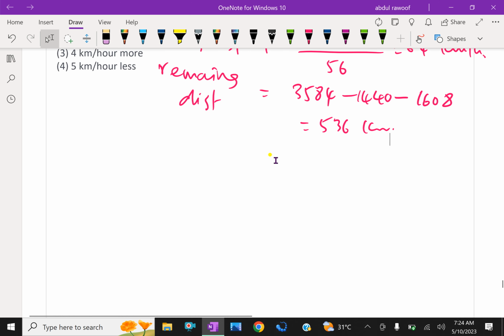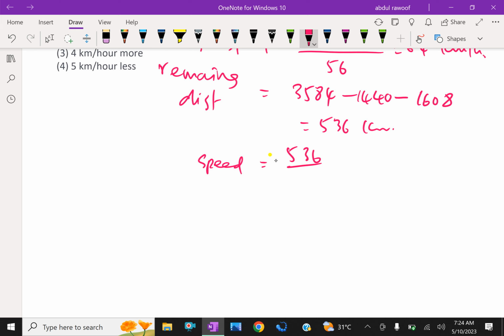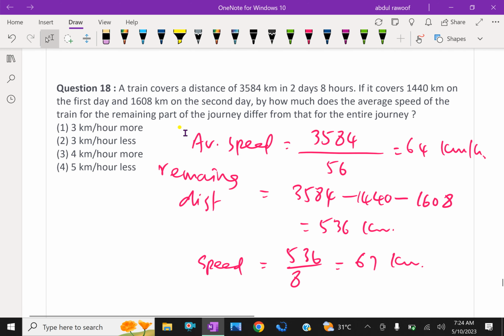Therefore, speed of third day is 536 divided by 8, which is 67 kilometer per hour. Then the average speed is 64 kilometer per hour. The third day speed is 67 kilometer per hour.